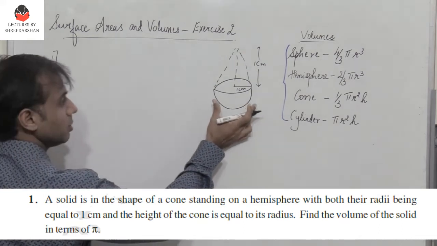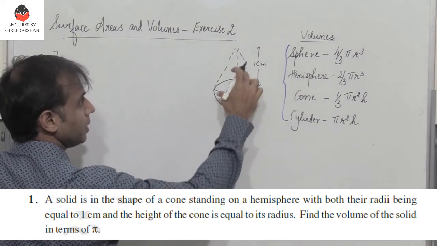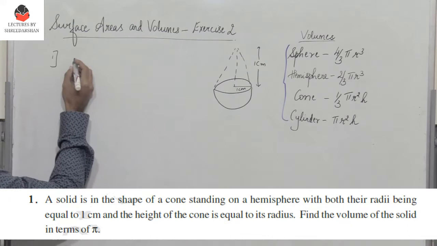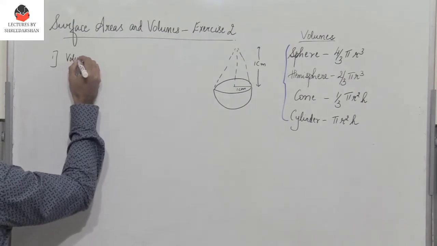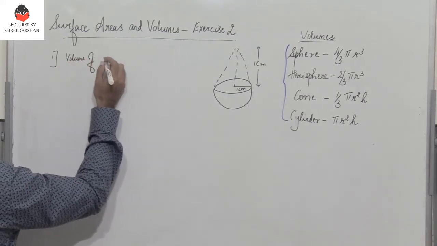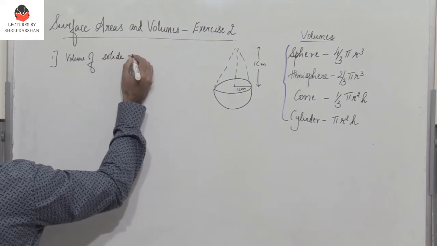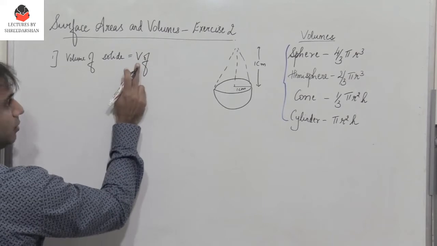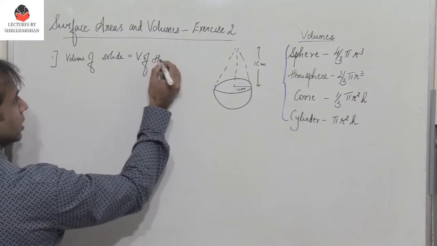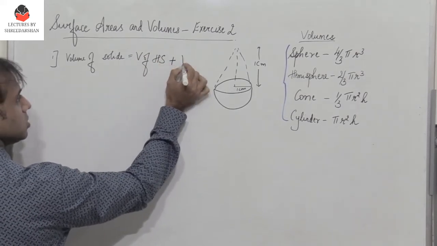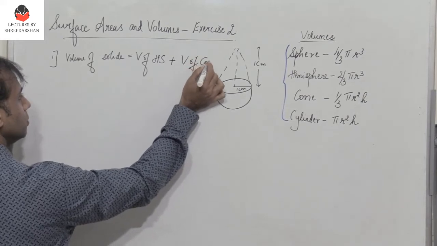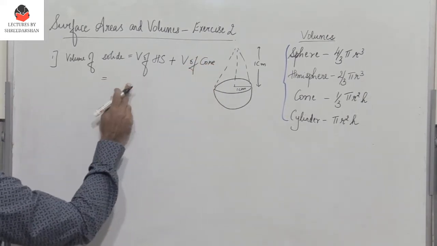The volume is nothing but the volume of the hemisphere plus the volume of the cone. So the volume of the entire solid is equal to V for volume, for hemisphere I'll write HS, plus volume of cone. What is the volume of hemisphere?